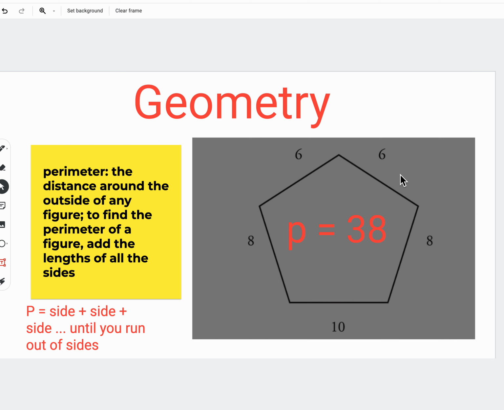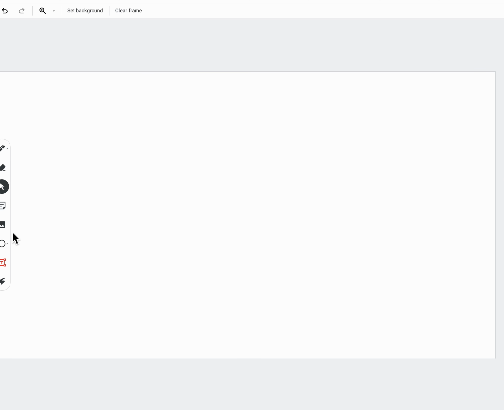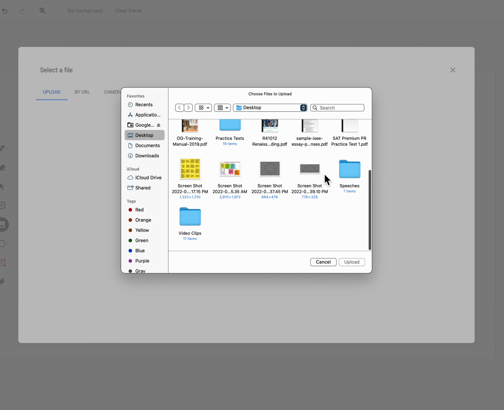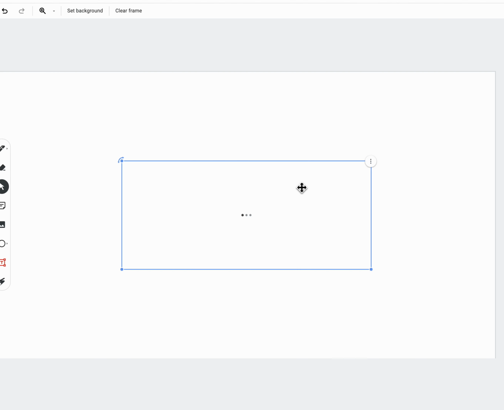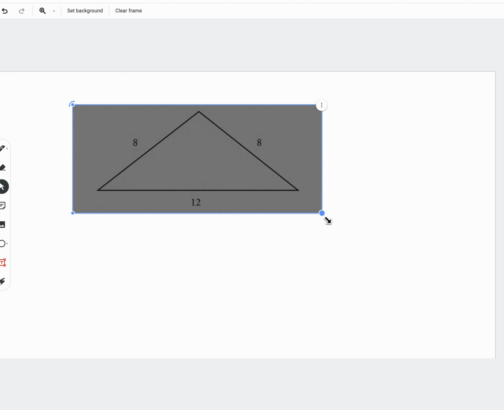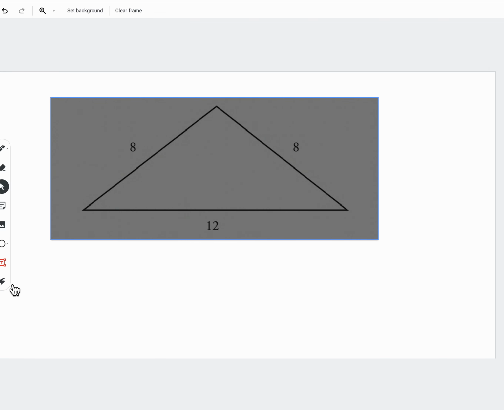Now, let's take a look at triangles. We'll begin with the perimeter. The perimeter of the triangle here would be 8 plus 8 plus 12, or 28.